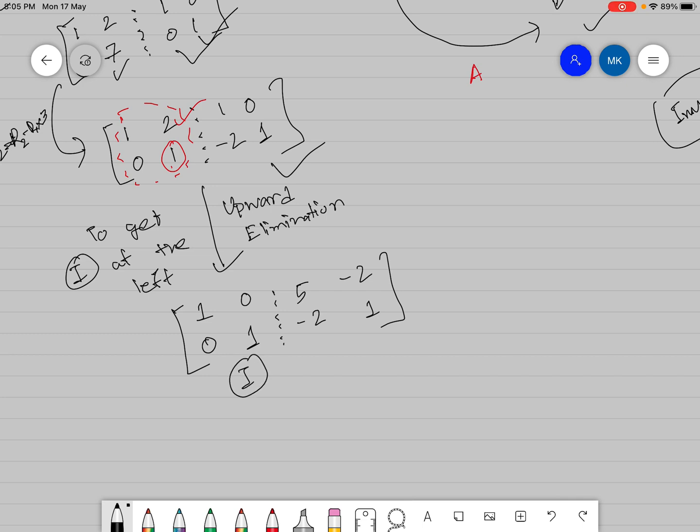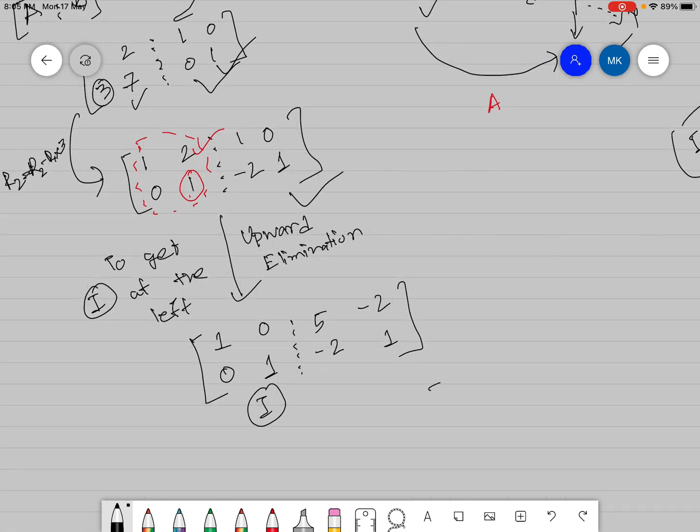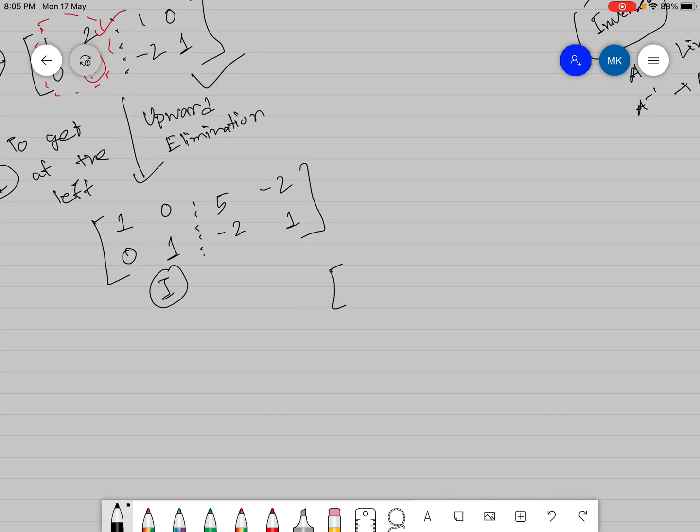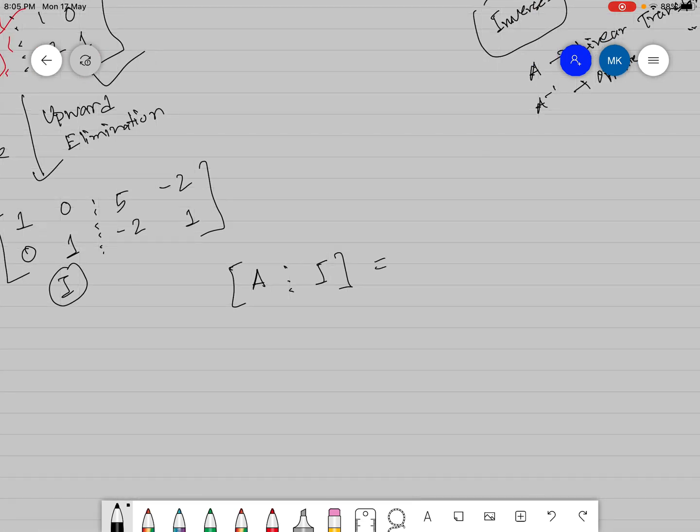So the essence behind this is we started with A concatenated with I, and we have got at the right hand side the I concatenated with A inverse. So this is our A inverse, and there was some elimination process here, right?